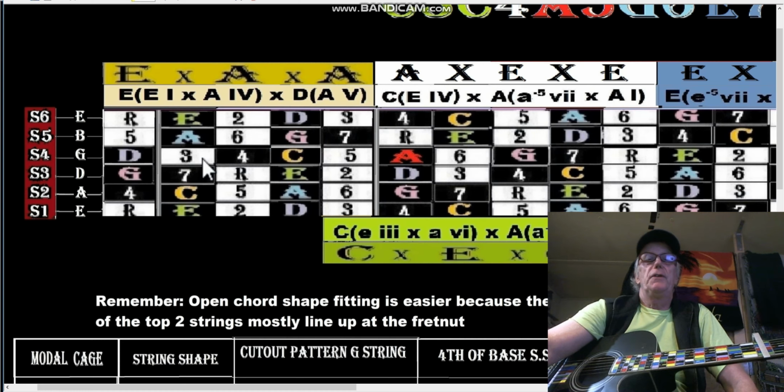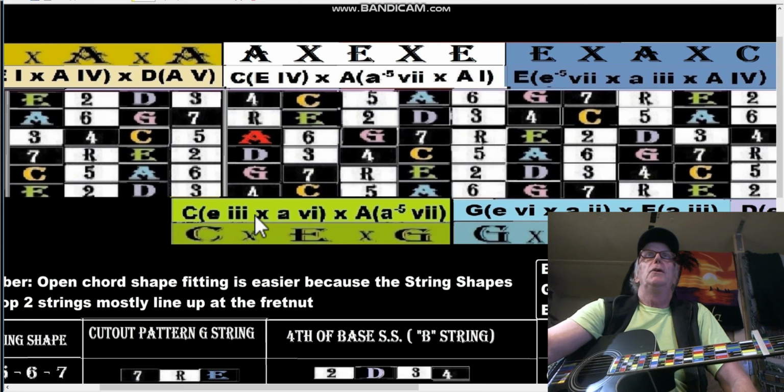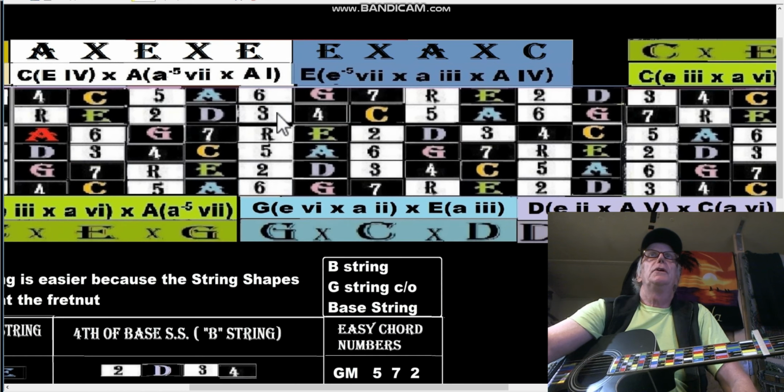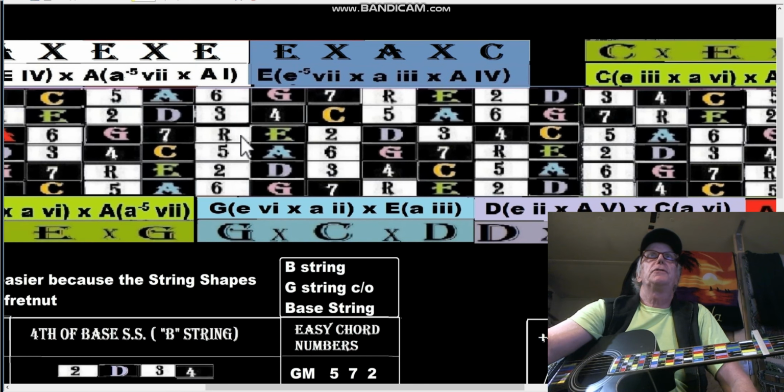And it turns out that cutout happens in the C cage also, where we cut out of the A string shape and into, I guess it would be, the E string shape there. So the cutout is always going to occur on the G string.